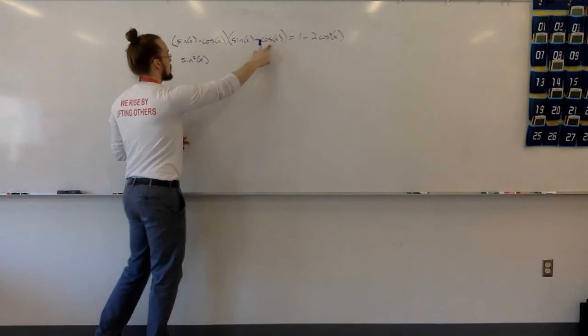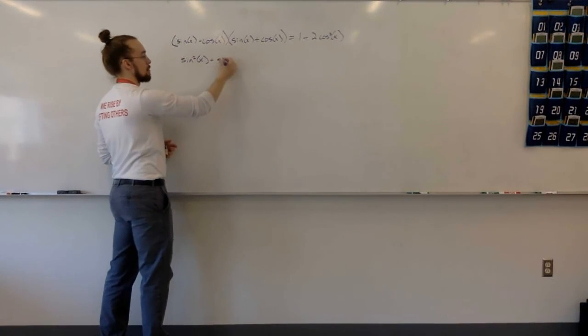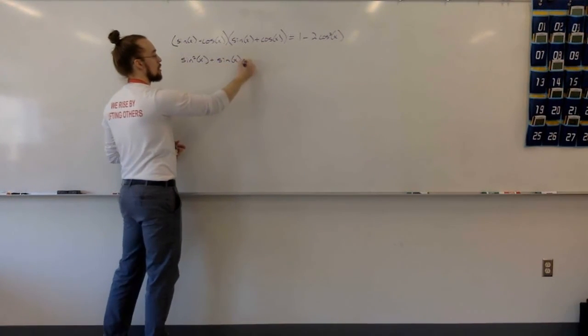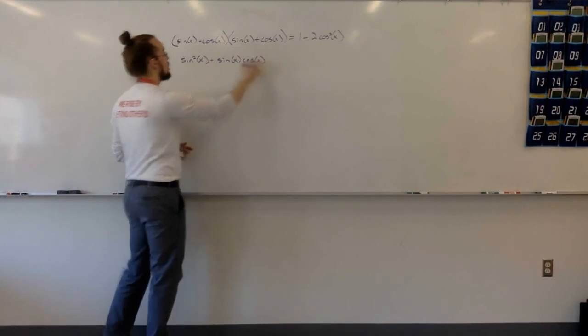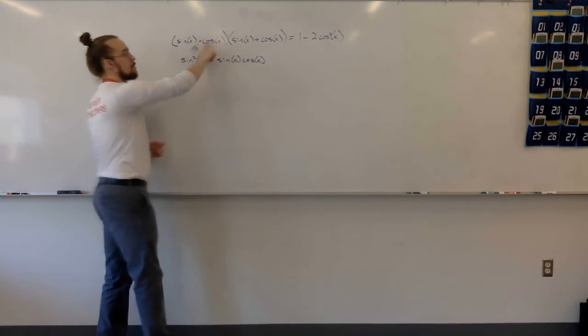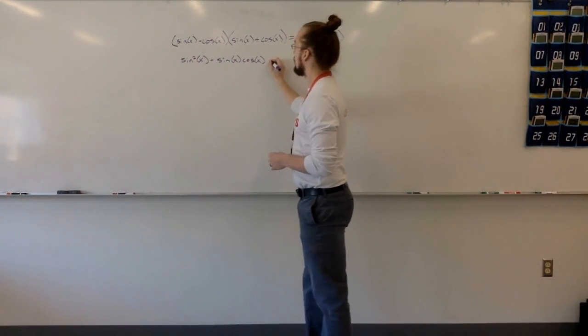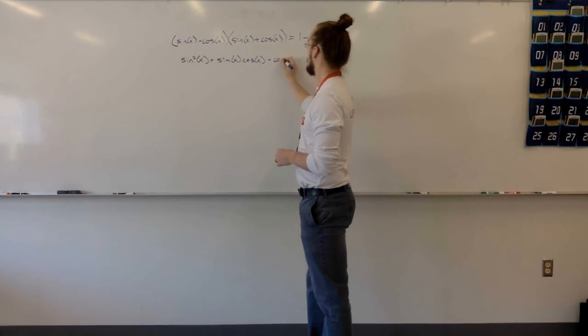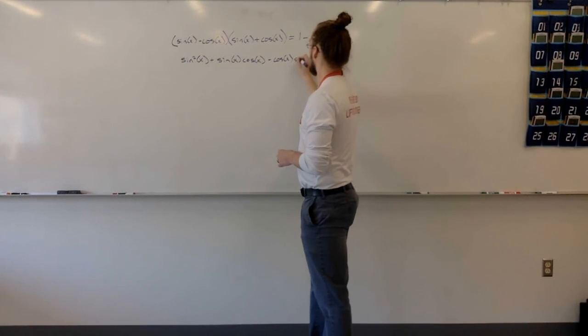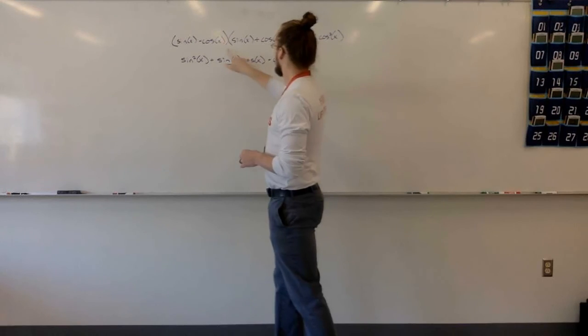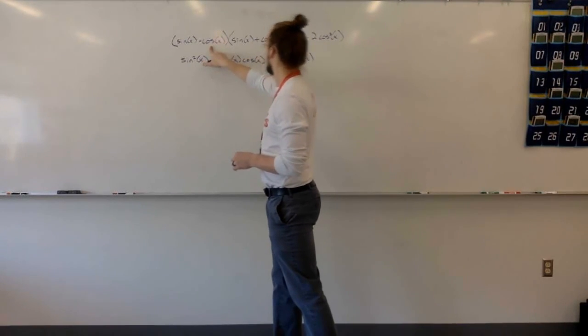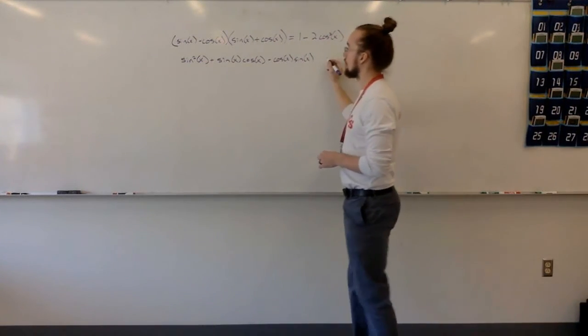Sine times cosine is sine times cosine. Then negative cosine times sine, minus cosine times sine. Then minus, so negative cosine squared.